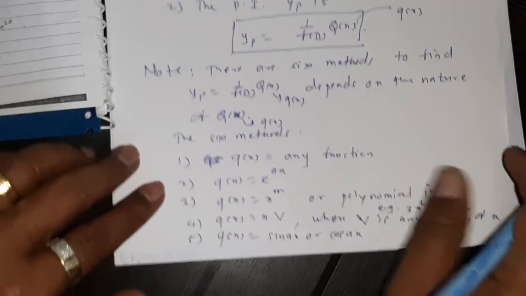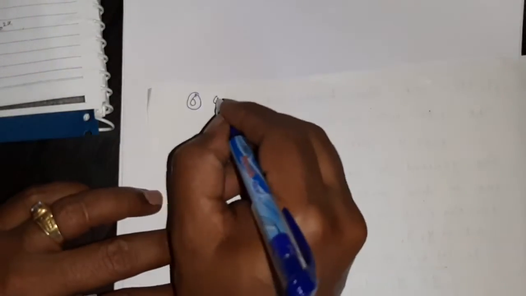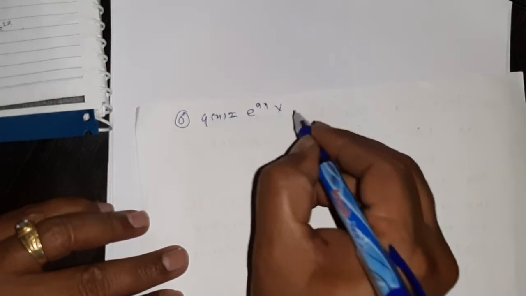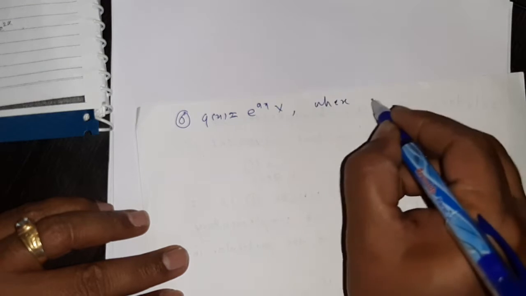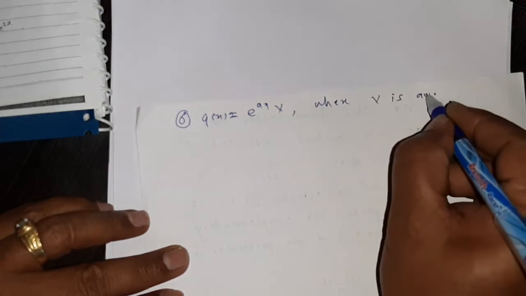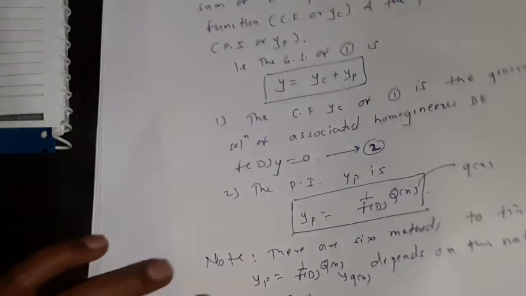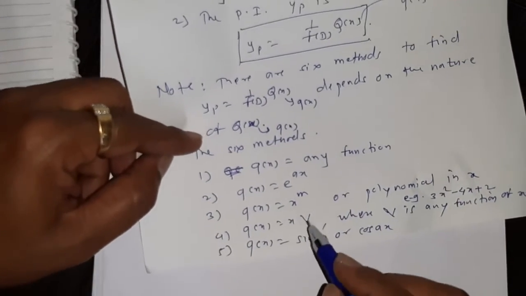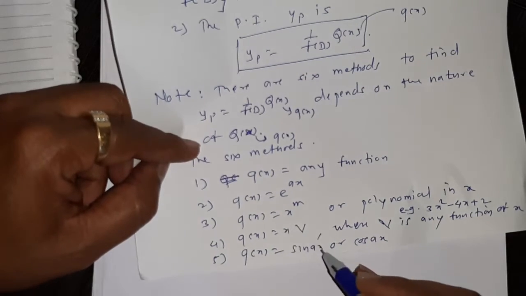And the sixth type is Q(x) is e raised to ax times V, where V is any function of x. So there are 6 methods to find the particular integral of a non-homogeneous differential equation. We'll start with method number one.